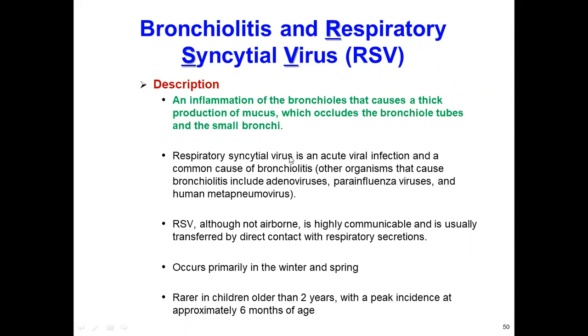Respiratory syncytial virus is an acute viral infection and a common cause of bronchiolitis. Other organisms that cause bronchiolitis include adenovirus, parainfluenza virus, and human metapneumovirus.